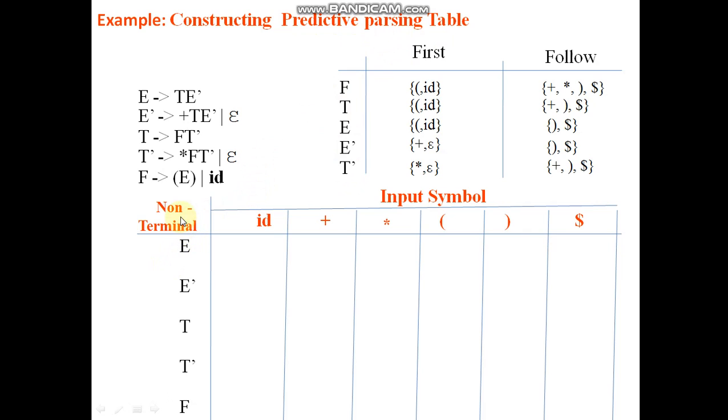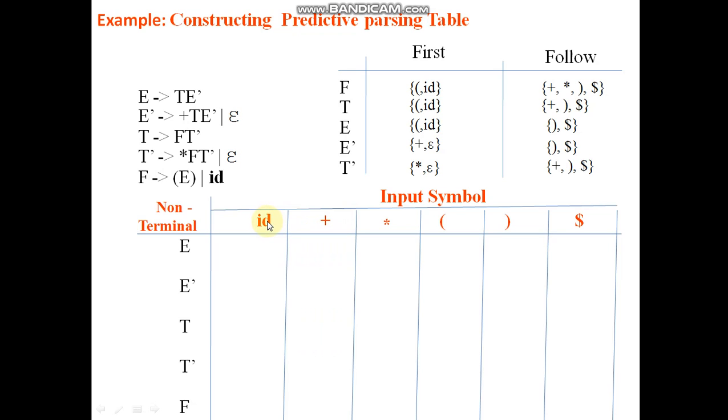To construct the predictive parsing table capital M, the rows are headed by the non-terminals. So rows are headed as capital E, E dash, T, capital T dash, and capital F. These are the row heads, okay, and the columns are headed by the input symbols in the given context free grammar.